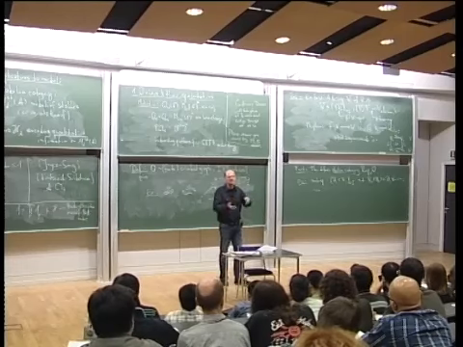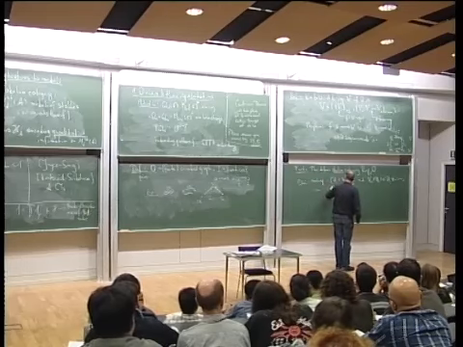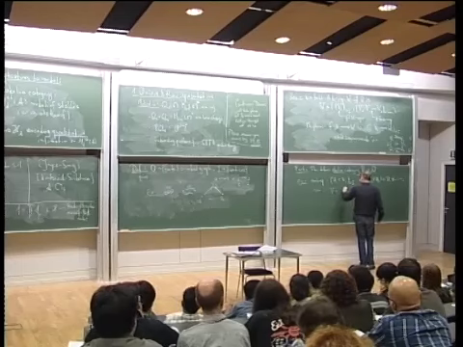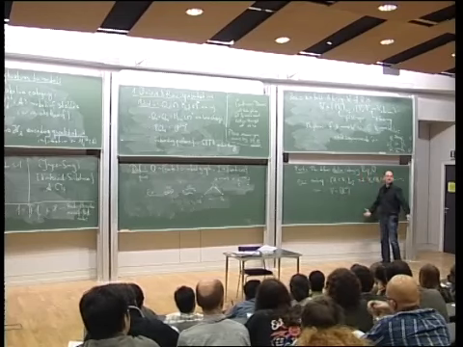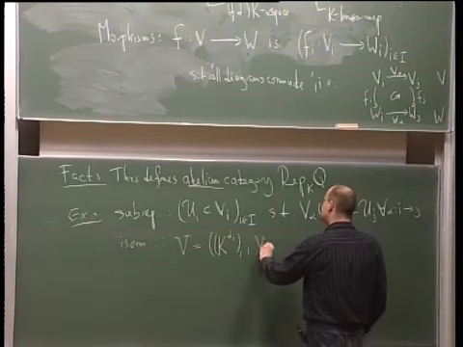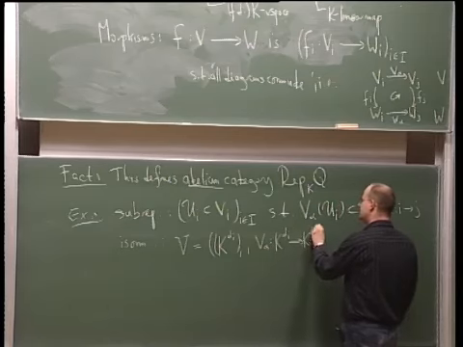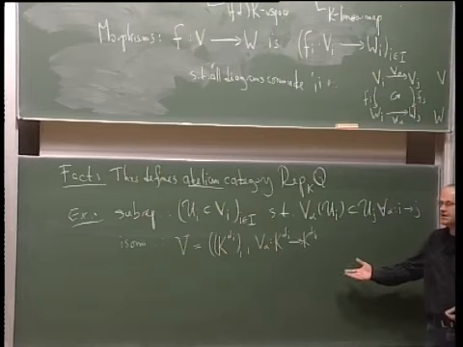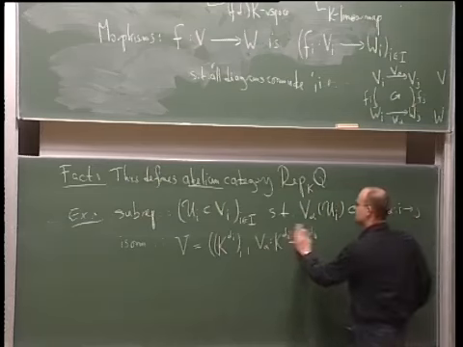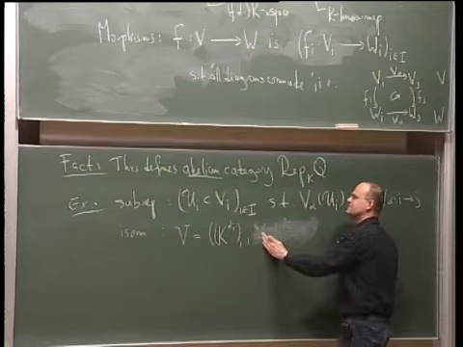So let's assume that V is given by some vector spaces K to the di, and linear maps V alpha from K to the di to K to the dj. And these we can represent as matrices. Yeah? So now we're getting into a really concrete linear algebra situation.